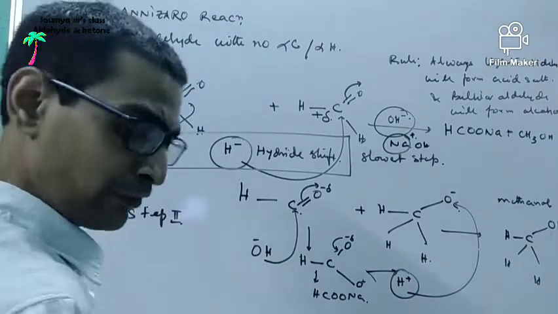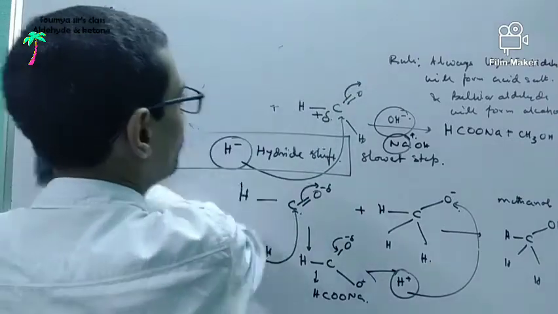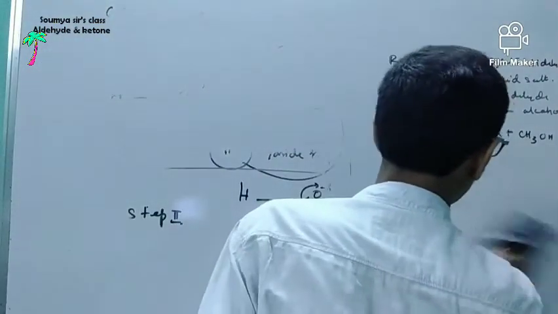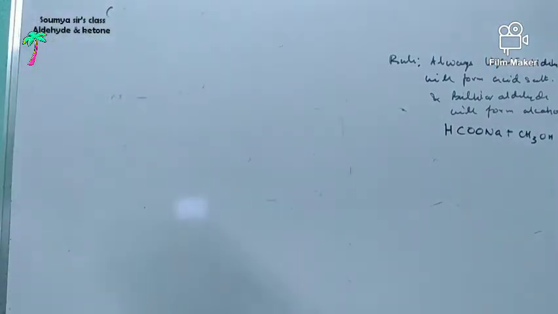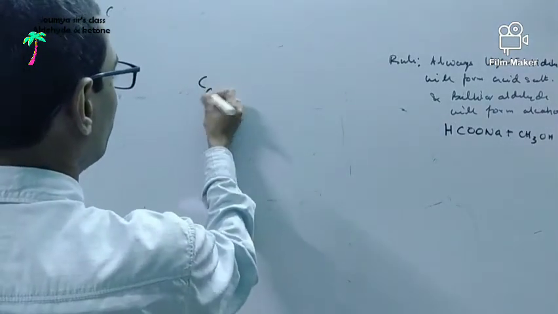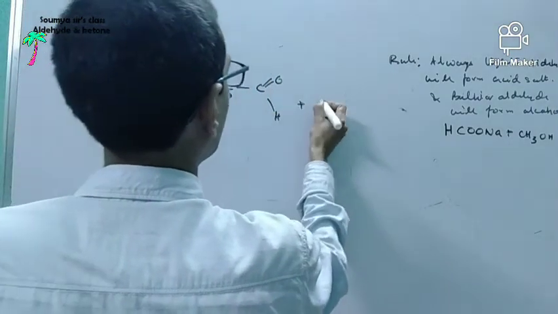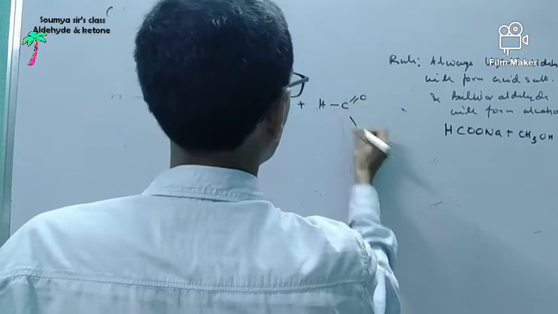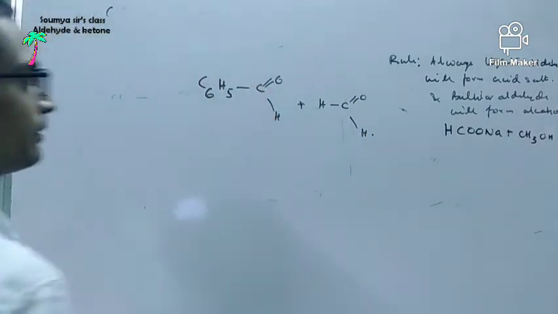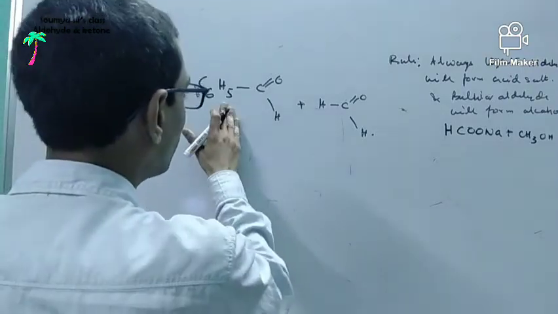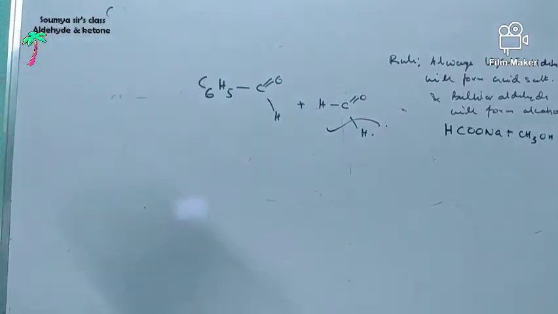If there is a mixed Cannizzaro reaction, let us have a quick look at a comparative example. The aldehydes are benzaldehyde and formaldehyde. Now this has a resonating structure, the benzene nucleus. This is stable, so it cannot undergo hydride shift, but formaldehyde can undergo hydride shift.